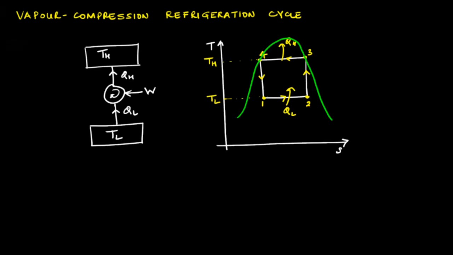So when this Carnot cycle is executed in this manner, that is within this saturation dome, then process 1 to 2 corresponds to vaporization of the working fluid, and therefore this takes place at constant temperature as well as constant pressure that corresponds to the saturation pressure corresponding to temperature TL.